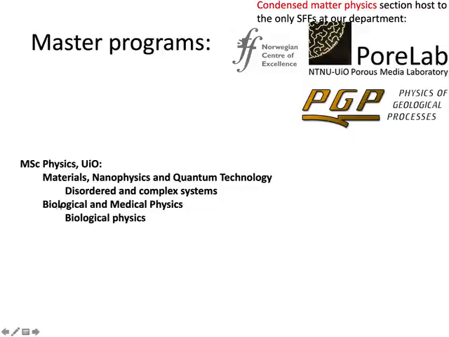Or you can likewise take the biological medical physics option with the biological physics specialization to specialize in the physics of complex living material. Another option is to do the computational science master and do computational physics.